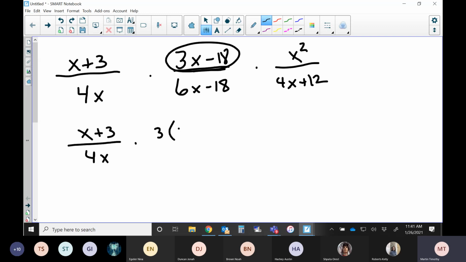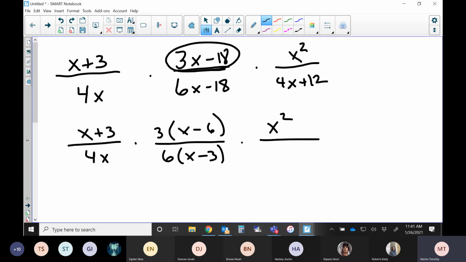So they have a 3 in common, then you're left with x minus 6 over, these guys have a 6 in common, and you'd be left with x minus 3, and then times x squared over, these guys have a 4 in common, and you'd be left with x plus 3. Does everybody agree or anyone disagree with what I did there?